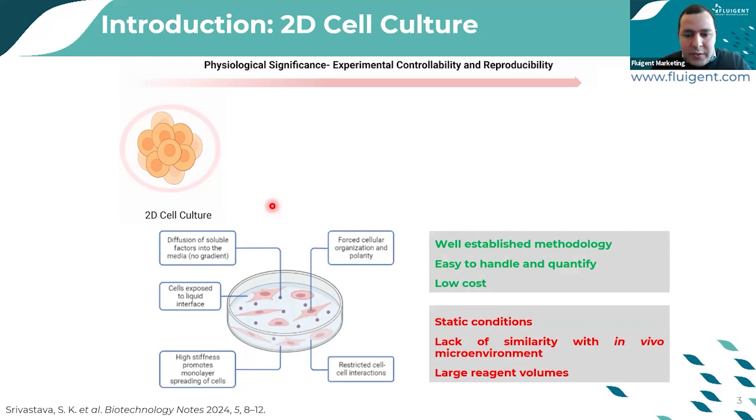It is low cost, but it has several disadvantages compared to the latest advancements in terms of static conditions. Basically, we are not simulating any flow, unlike what's happening in any organ, for example. There is a lack of similarity with the in vivo microenvironment, and large reagent volumes.